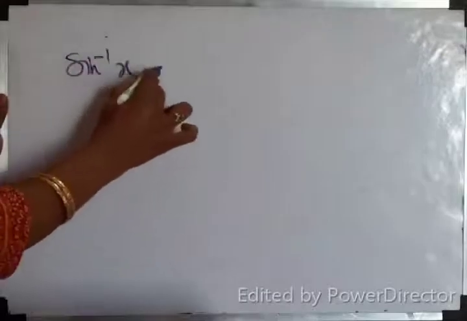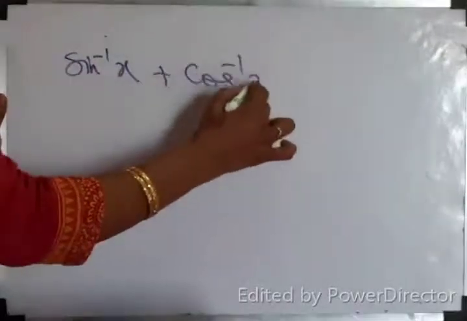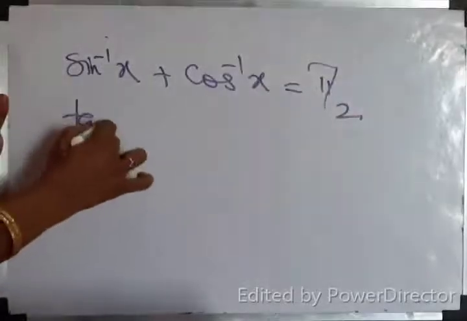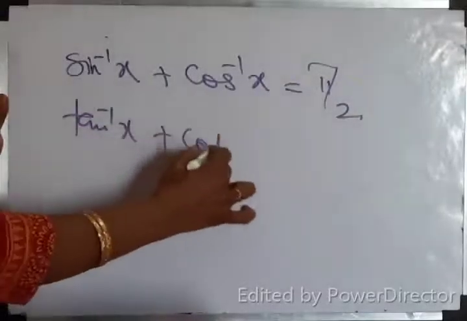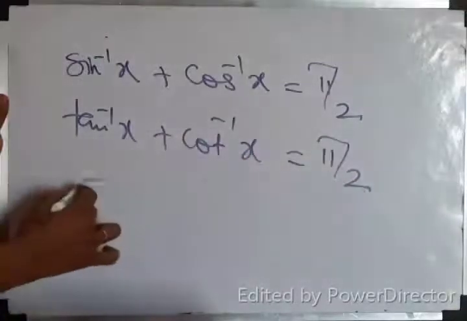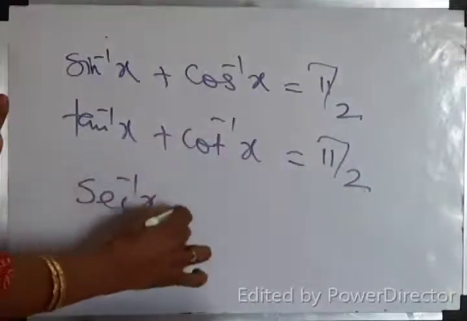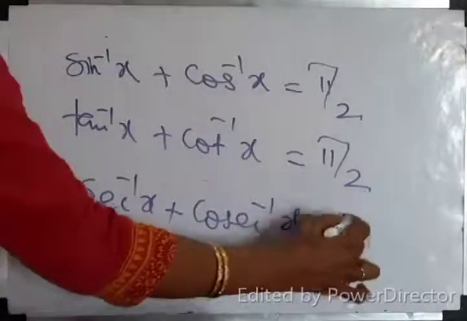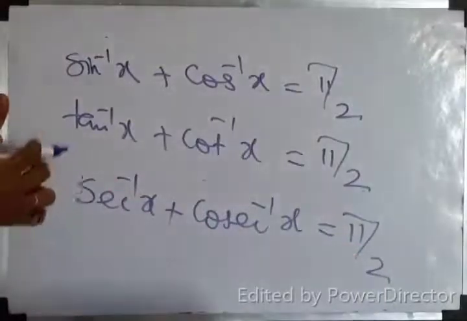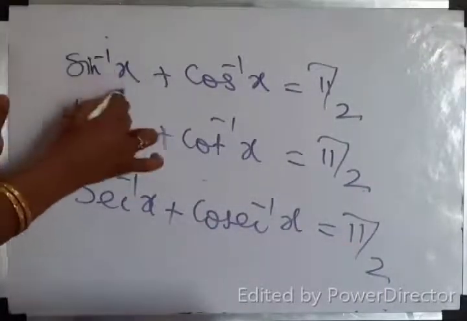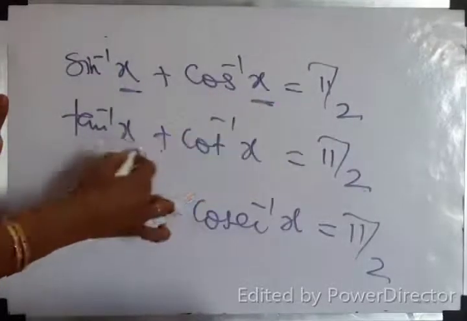Sin inverse x plus cos inverse x equal to pi by 2. Tan inverse x plus cot inverse x equal to pi by 2. Secant inverse x plus cosecant inverse x equal to pi by 2. That means, children, in this property you have to remember this same thing, isn't it?